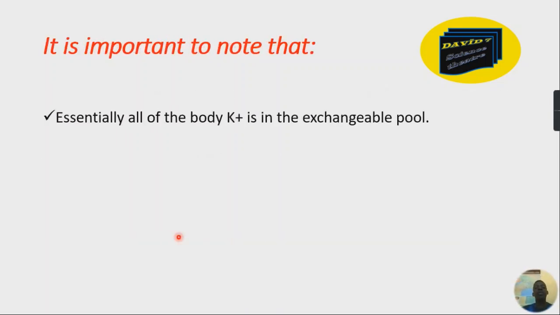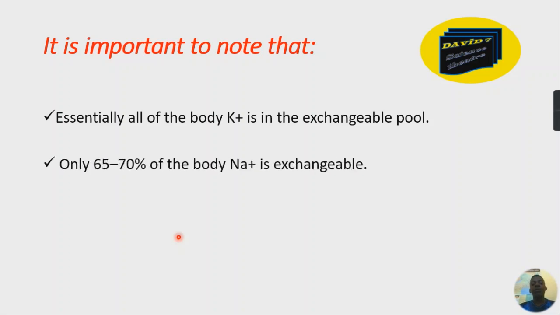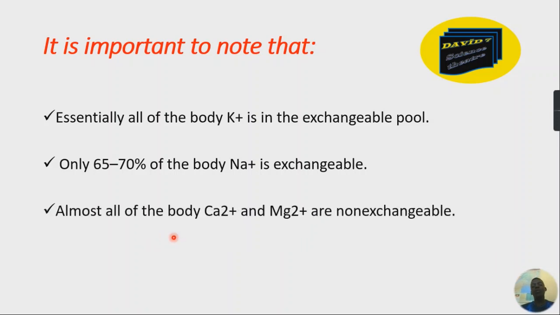And it is important to note that essentially all of the body potassium is in the exchangeable pool. Only 65 to 70% of sodium is exchangeable. And almost all the calcium and magnesium are non-exchangeable. Okay? So potassium is exchangeable, can go in and out of the cells.